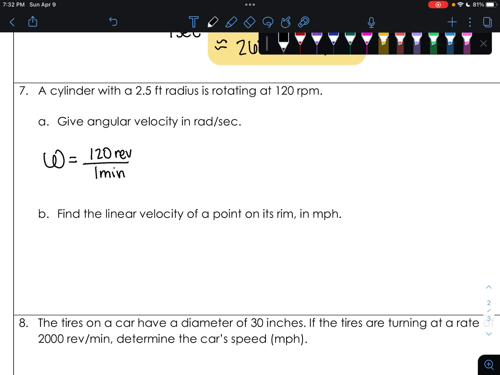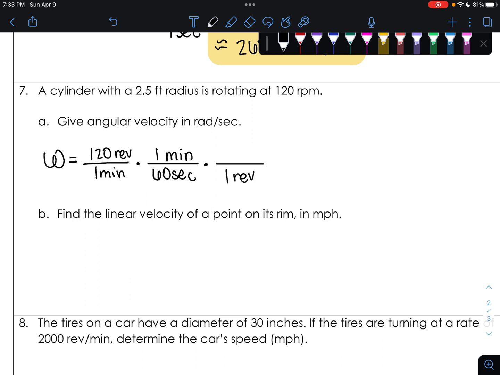So I'm going to convert the minutes to seconds first. If I want to cancel out the units of minutes, it needs to go on top so it can cancel out on the bottom. So in 1 minute, there's 60 seconds. And then I need to make sure that I convert from revolutions to radians. If I want the revolutions to cancel out, I need the revolutions to go on bottom here.